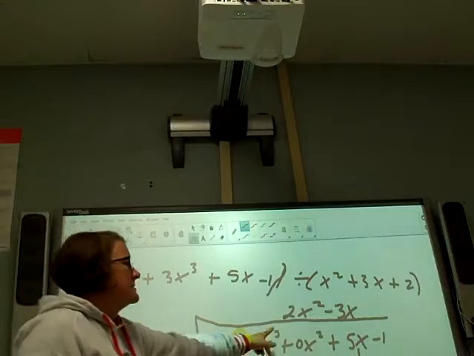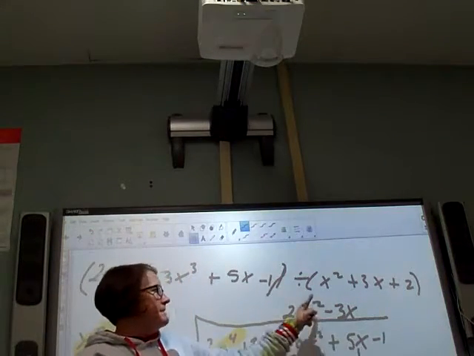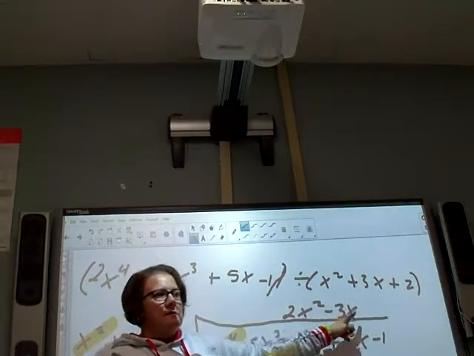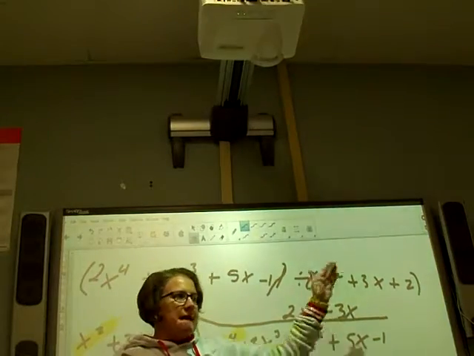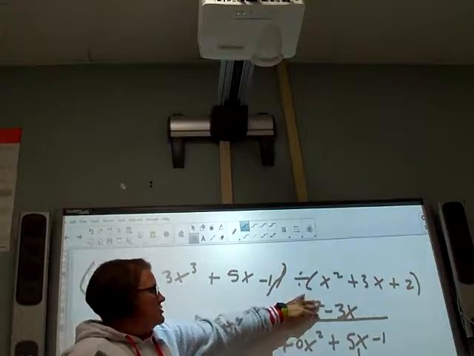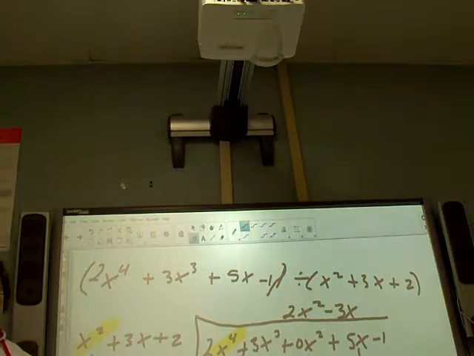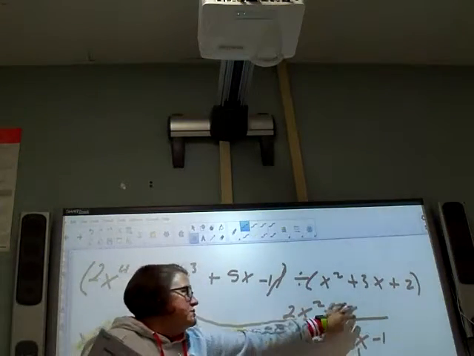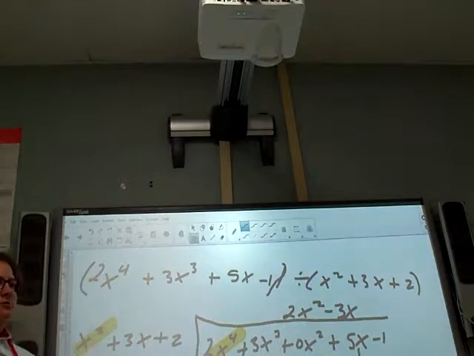Now notice what happens up here, because this is going to be hints for you. Started off at x squared and now it's an x. So it's going down in descending order, yes. Okay, so now, last time we took 2x squared and multiplied it times all three of those. Now we're going to do negative 3x times all three of those.